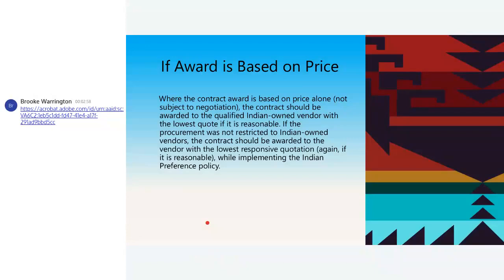If the procurement was not restricted to Indian-owned vendors, your contract should be awarded to the vendor with the lowest responsible quotation. Again, you've got to deem it reasonable, while you are implementing your Indian preference policy. There's a lot of areas where you can't get Indian preference, but you need to try.